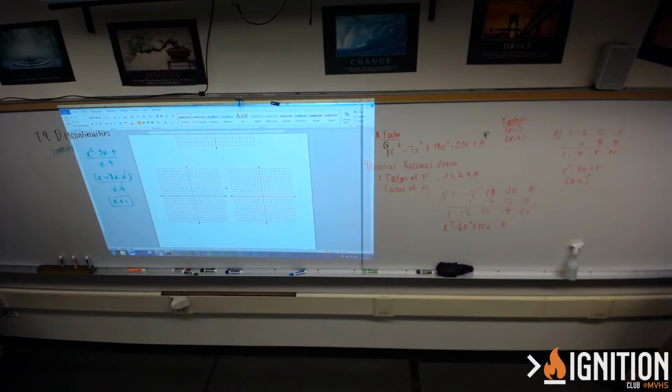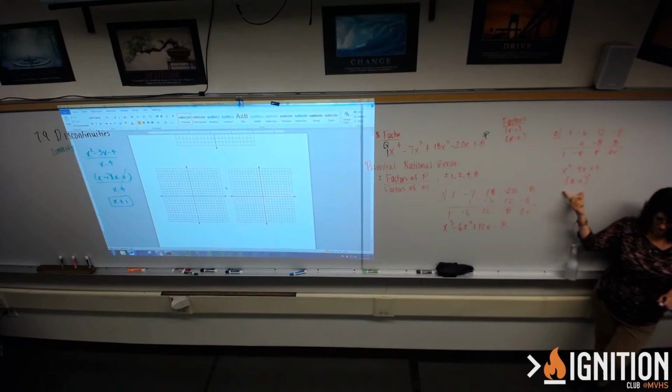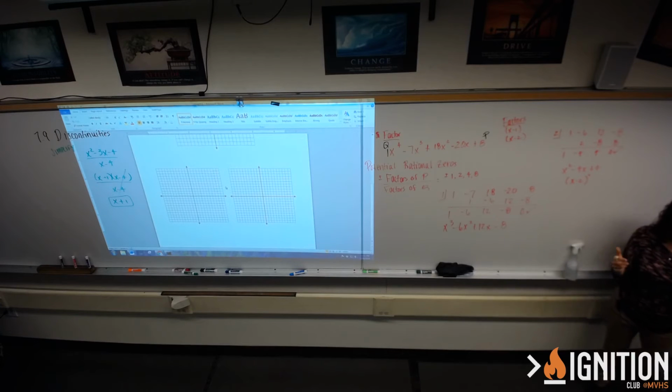What are the remaining zeros? So we factored it, we got here. What are the remaining zeros? Those are the factors, x minus 2, x minus 2. What are the zeros? 2 and 2. How's that going to change my graph? Yeah, it's got different multiplicities, so you have to be careful.